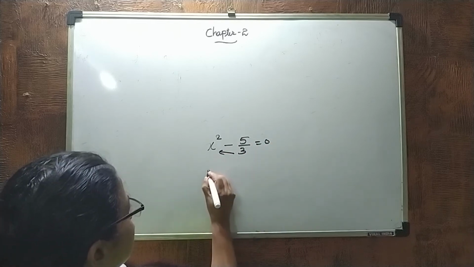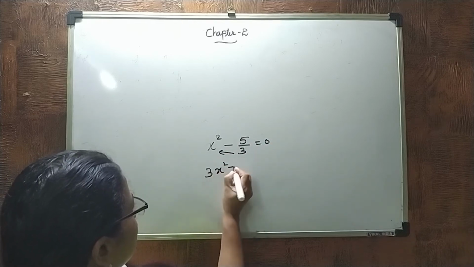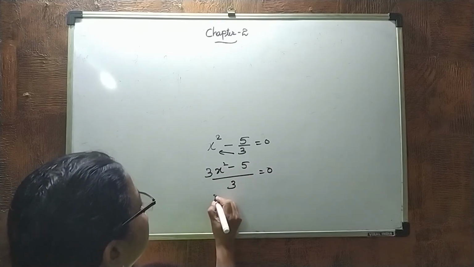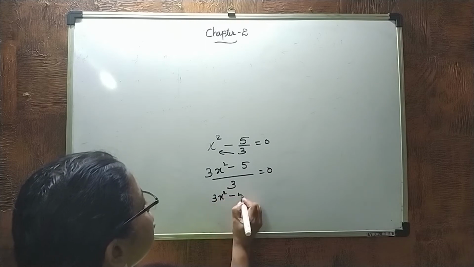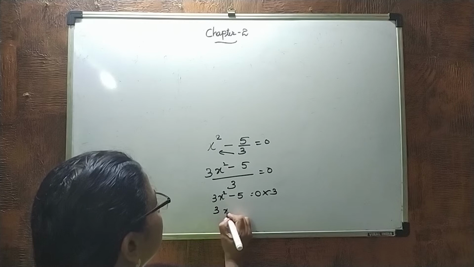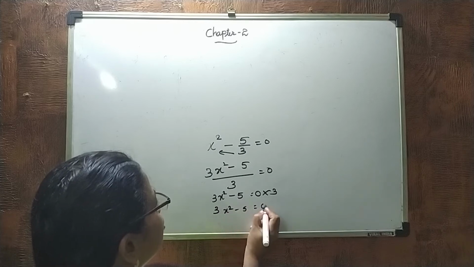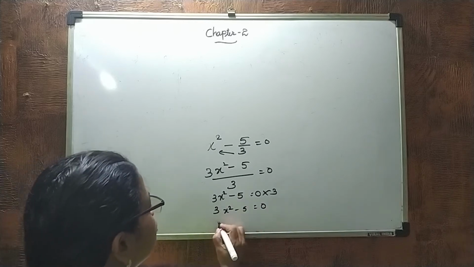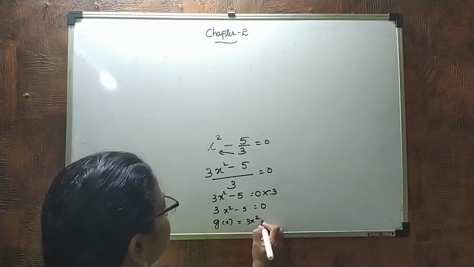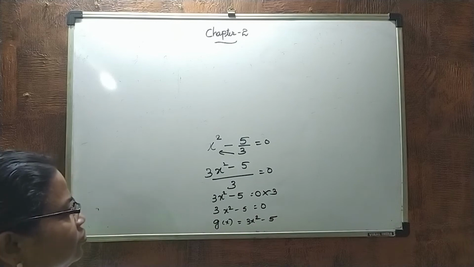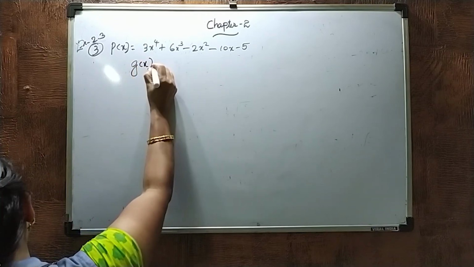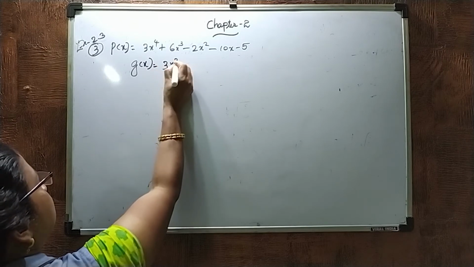And cross multiplication, 3x square minus 5 divided by 3 equal to 0. Then 3x square minus 5 equal to 0 into 3. 3x square minus 5 equal to 0. So g of x will be 3x square minus 5.